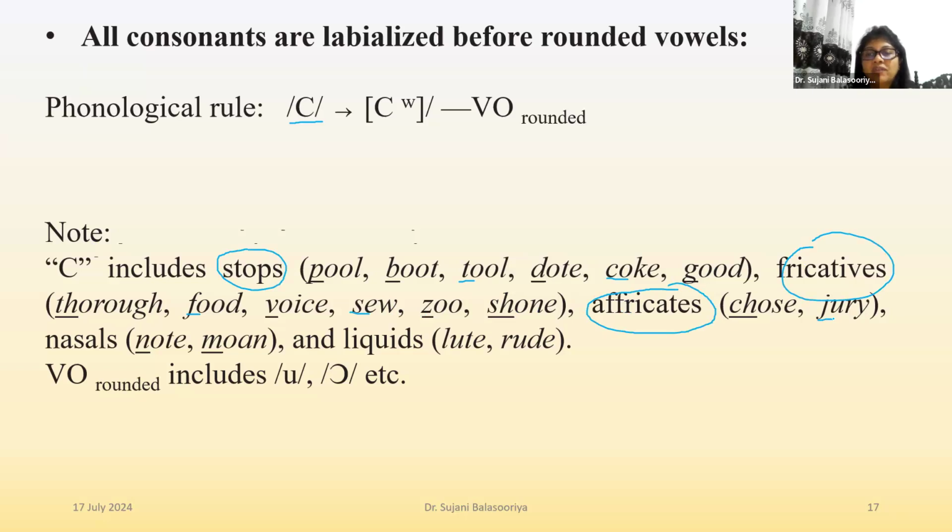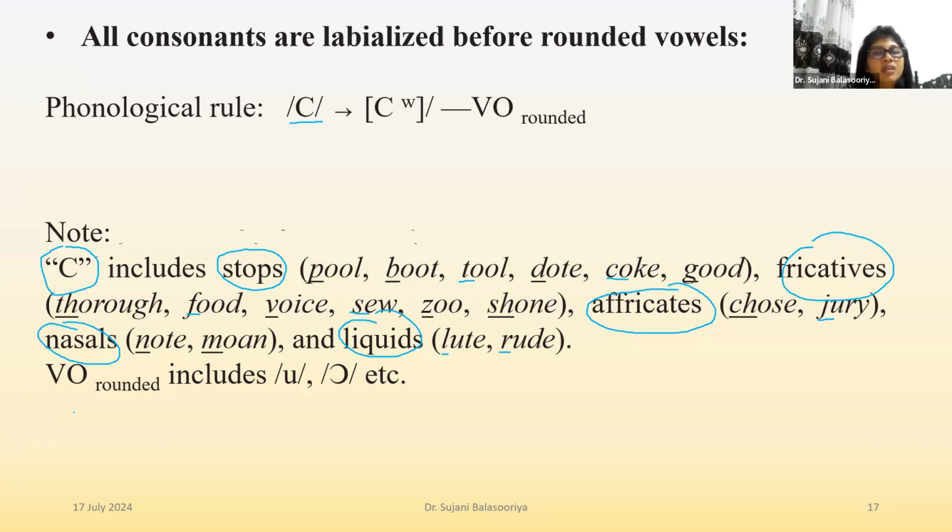There are two affricates, ch and j, and also nasals n, m, and liquids l and r. Please consider underlining these relevant sounds. So this symbol includes any of these types of sounds: stops, fricatives, affricates, liquids, nasals, anything.